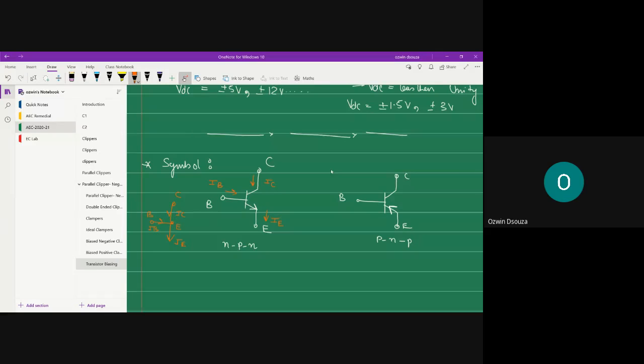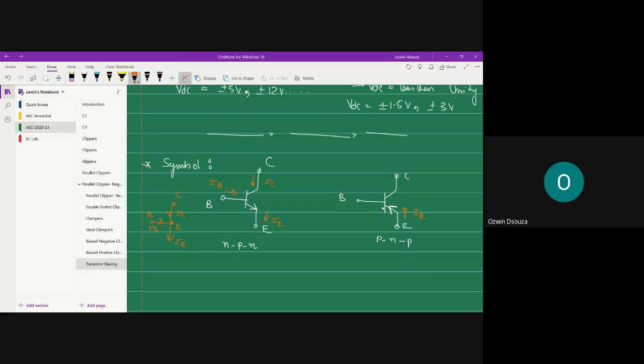On the other hand, in case of PNP transistor, as you can clearly observe, the emitter terminal will have an arrowhead which is pointed inwards. So the current direction should be along the arrow direction.